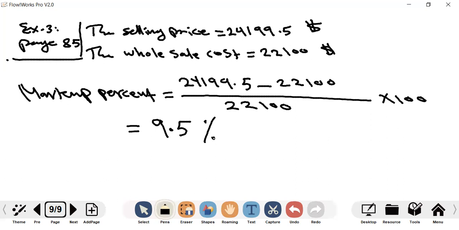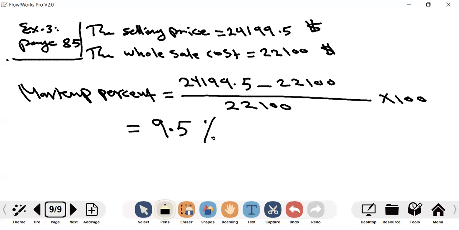If you have the selling price and the wholesale cost and you want the markup percent, you use this formula. You subtract the selling price minus the wholesale cost, divided by the wholesale cost, multiplied by 100. What you have is the percent of the markup. Do you understand? It means if you have the wholesale cost and a markup of 9.5%, you can find the selling price.